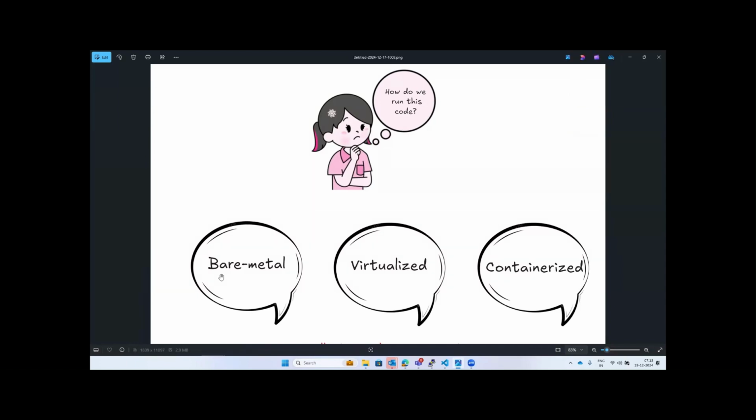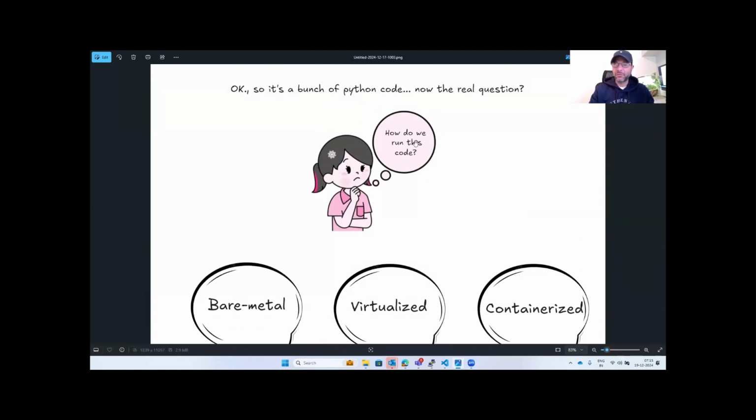So it doesn't matter whether it's bare metal, virtualized, or containerized. As long as the underlying infrastructure gives you access to the Python libraries, you can run your Python code. And what is that Python code that we are talking about?